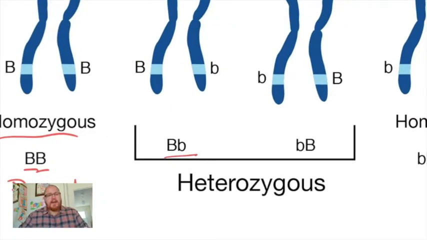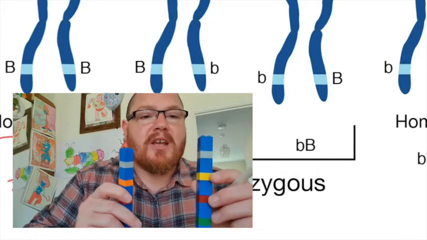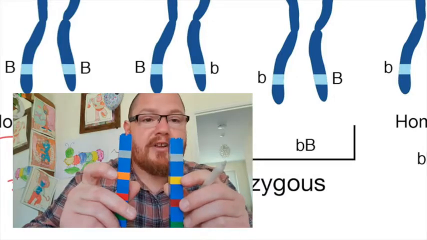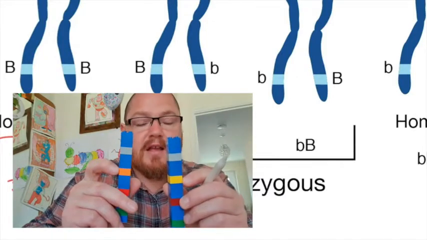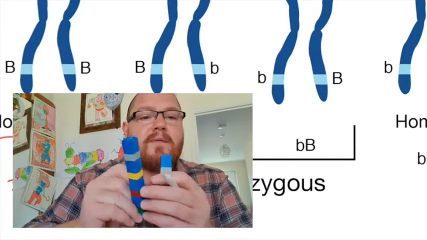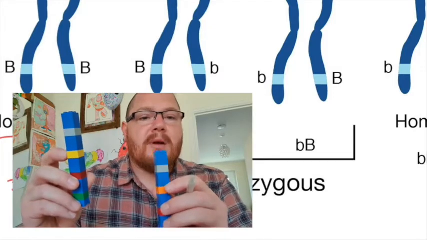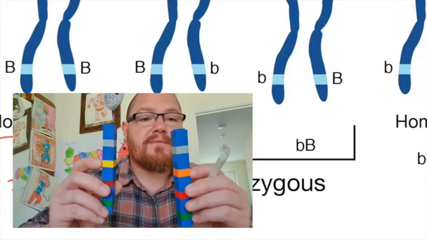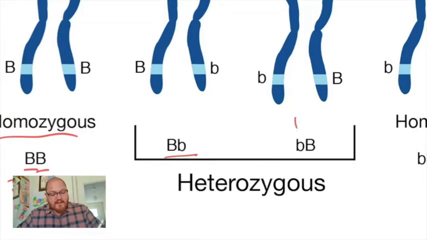Then I've got these 2 heterozygous. I've got this big B and a little b. So if the yellow was big B and the orange was little b, that would be a perfect combination, big B, little b. Swap these then, get this from your mum and this from your dad, and then it's going to be little b, big B, which you can also write big B, little b.